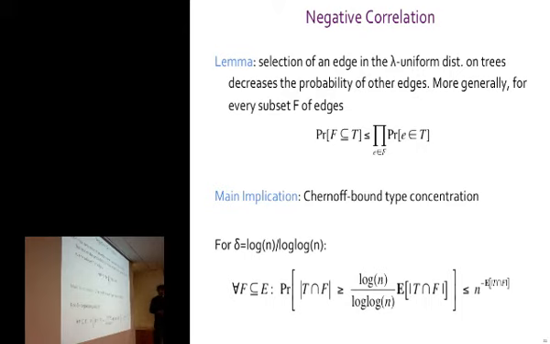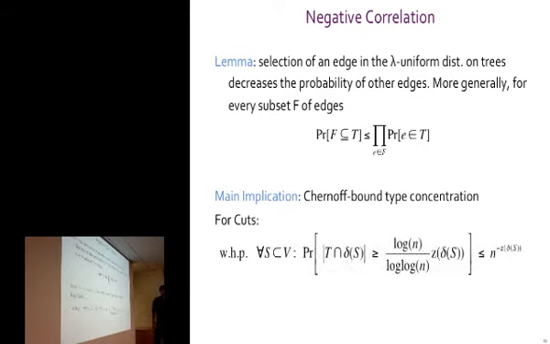Now let's apply this to the cuts of the graph and take a union bound. So I can say with high probability for all cuts, the intersection of my tree with the edges of a cut is within log n over log log n of its expected value.